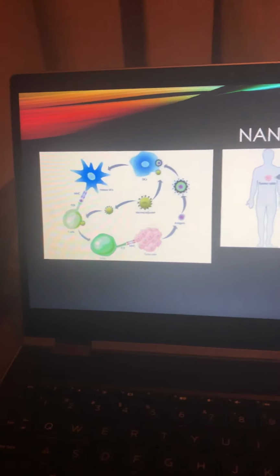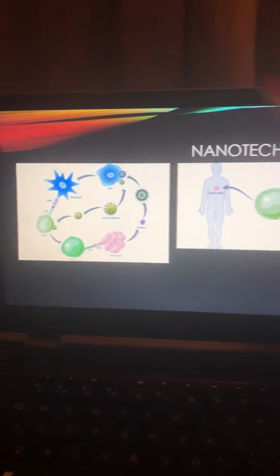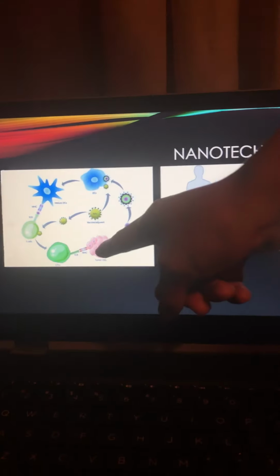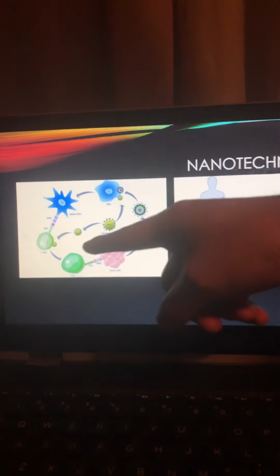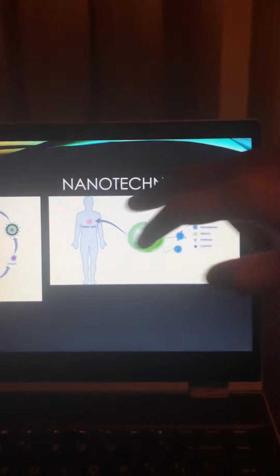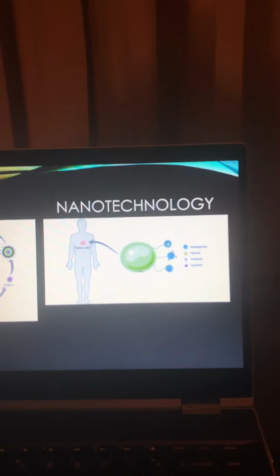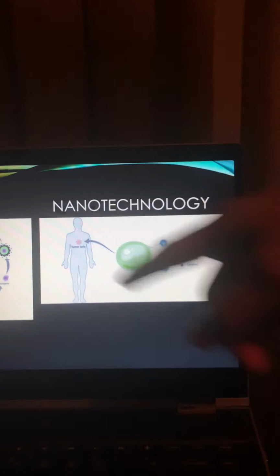And we're given 2 different kinds of diagrams, but both perform the same tasks, which is the nanotechnology combines with the vaccine and combines itself to a T cell, which then goes off to denature and kill off that tumor cell. And that is also shown in the second diagram, with the vaccines and the antibodies, which is then used to help the T cell kill off the tumor cell.